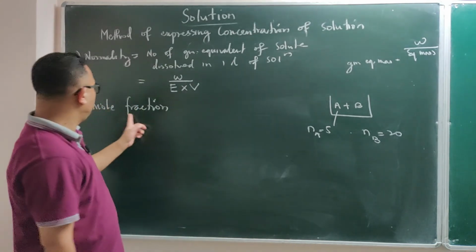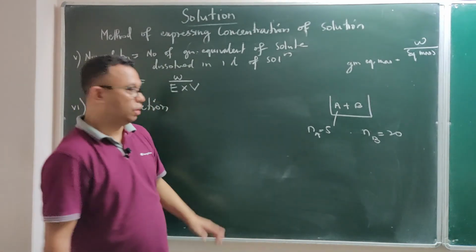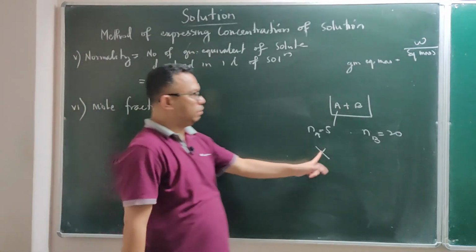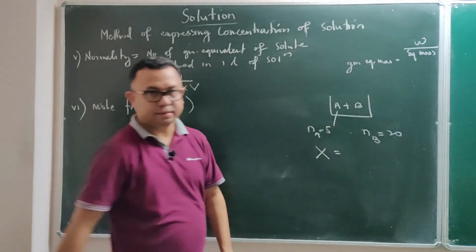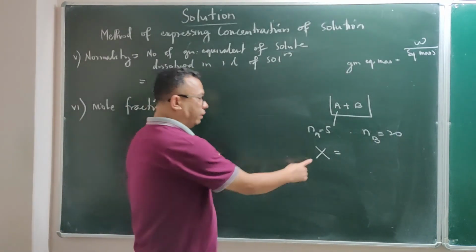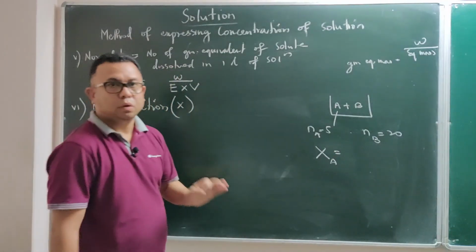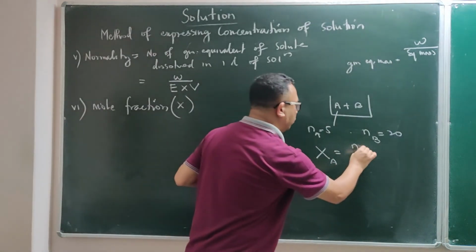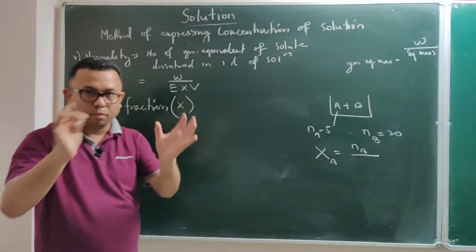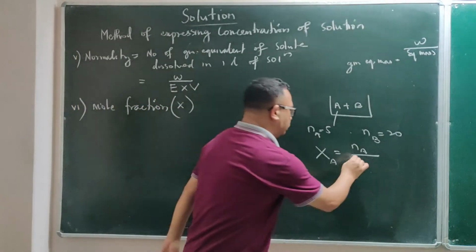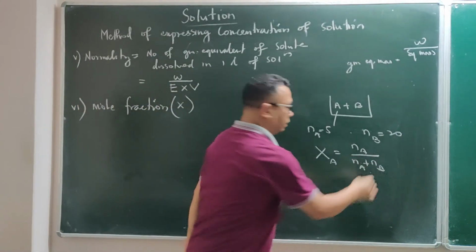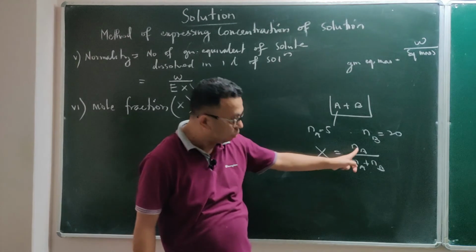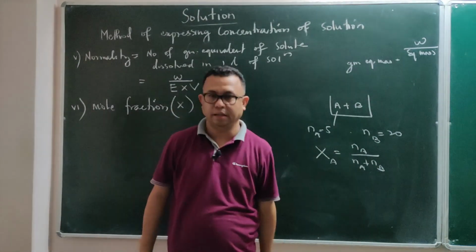Now if I want to find the mole fraction of A, by the way, mole fraction is expressed by the symbol X. It is defined as the ratio of the number of moles of the component, since I am finding the mole fraction of A, so number of moles of A, to the total number of moles present in the solution, and the total number of moles present in the solution is number of moles of A plus number of moles of B. So again, mole fraction is a ratio between the number of moles of that particular component and the total number of moles present in the solution.